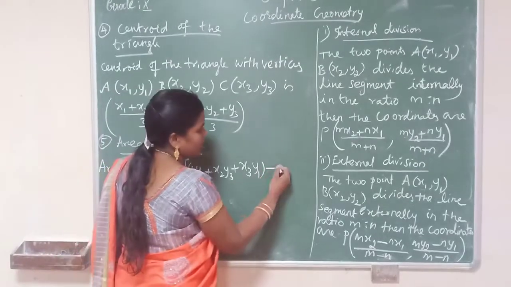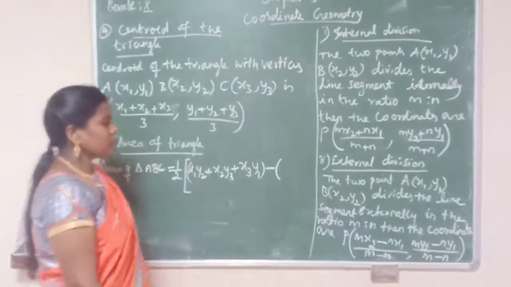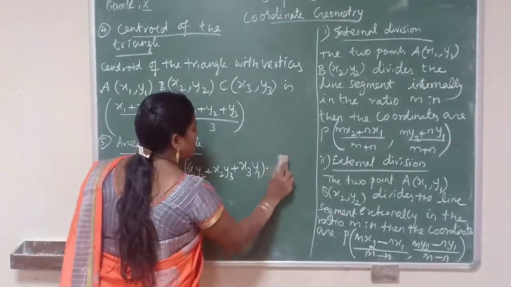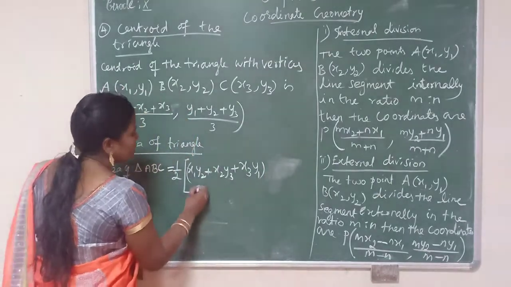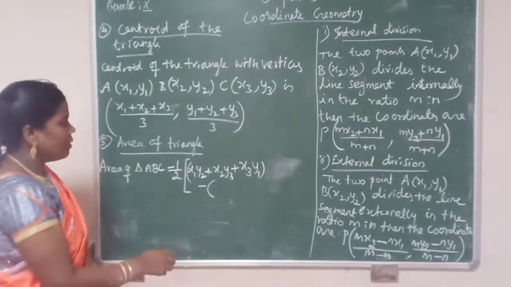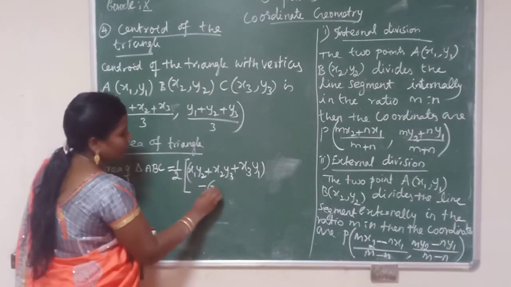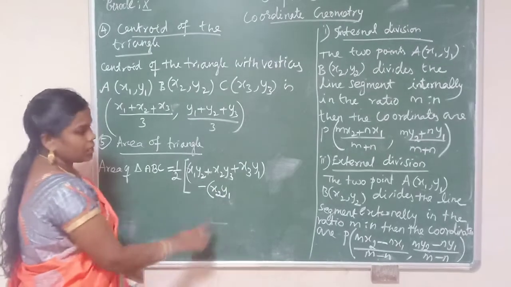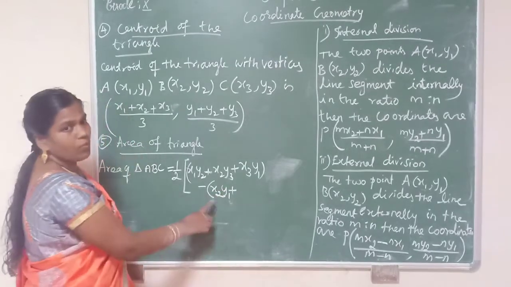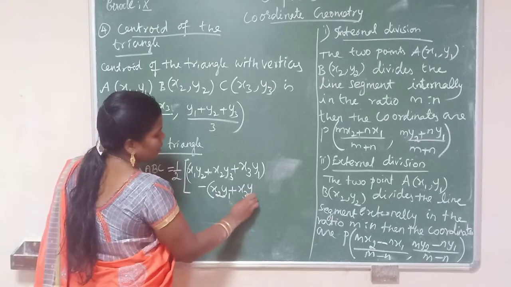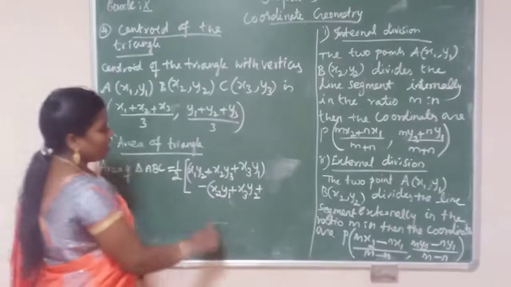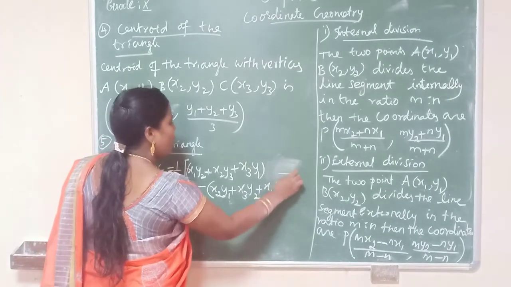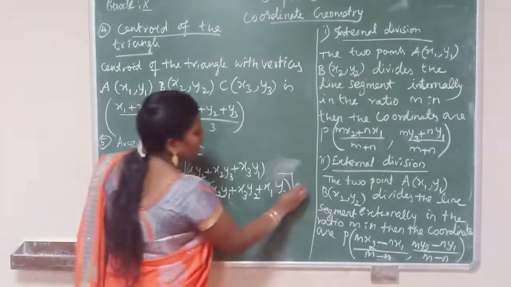Then minus, formula minus this one. Then here first x1 started, so x2 will come. Here y2 started, so y1, so we have to take x2 y1 plus, 2 after 3, so x3 y2 plus, then here 2 3 over, then x1 y3. And the unit must be written: square units.